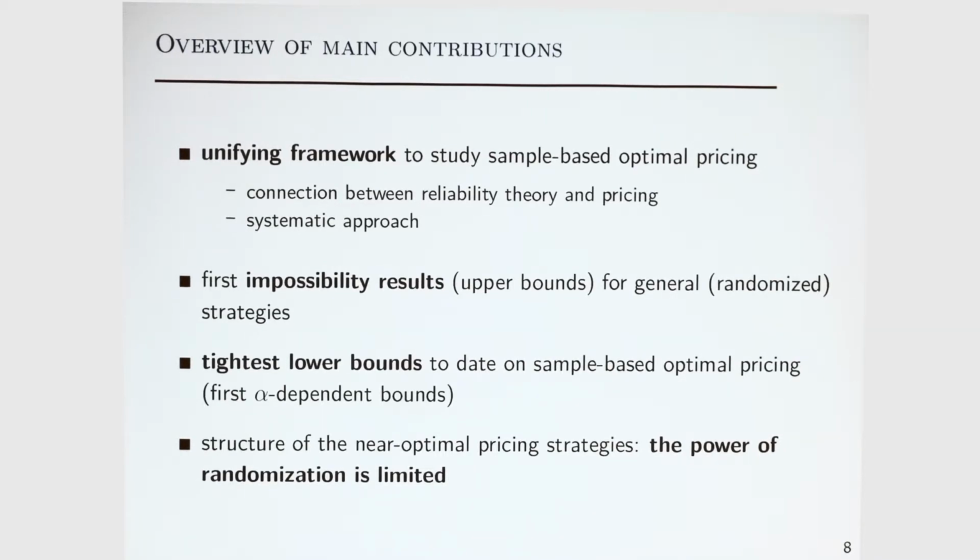And last, which is also important, we characterize the power of randomization. Is it really worth it to randomize over prices or not? What we show across our studies is that the power of randomization is not that big. And I will be more specific in a few minutes.